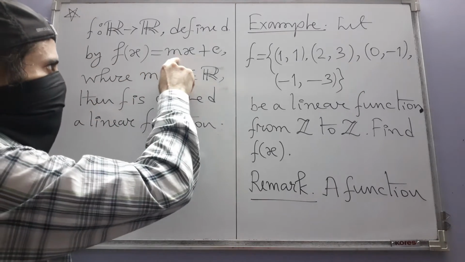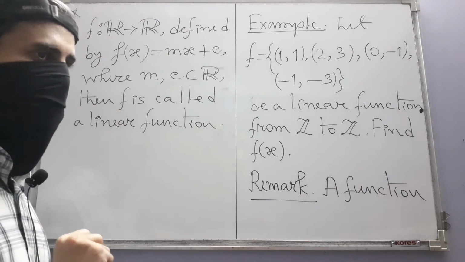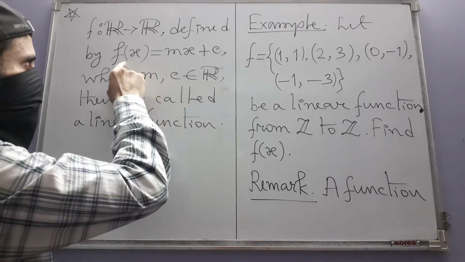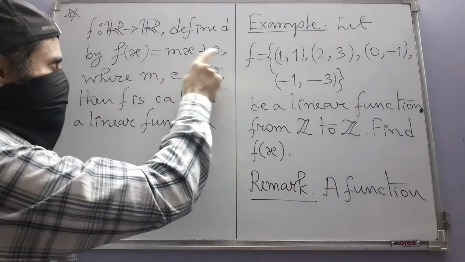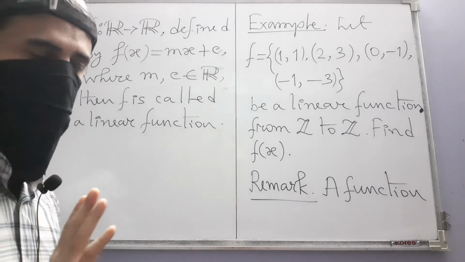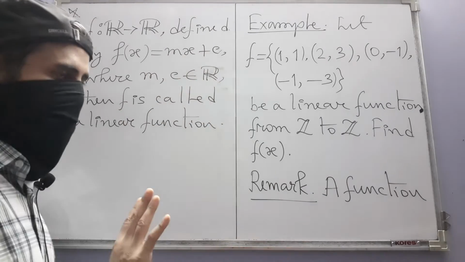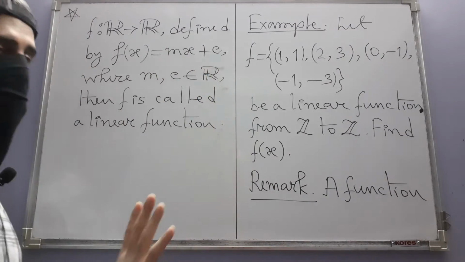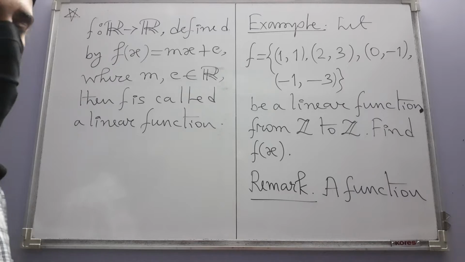Say you choose m equal to 1 and c equal to 3, so that your function now becomes x plus 3. For that choice of m and c, x then can change, but that choice will not change with x.